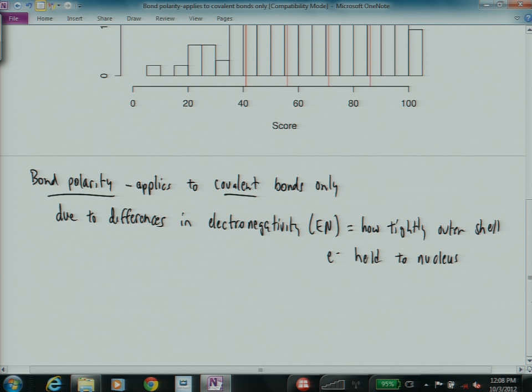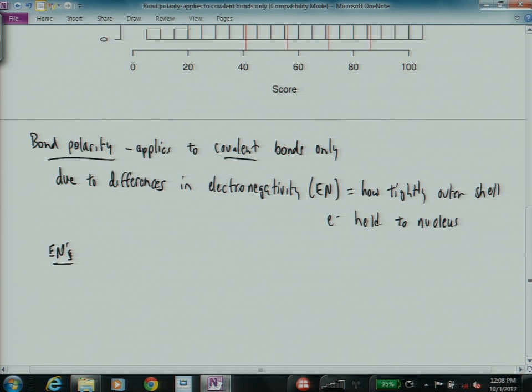So electronegativity, we will not worry about numerical values. In chemistry, they will make you know more about this. But basically, we're going to make some broad categories: very low, medium, high, and very high. All right.